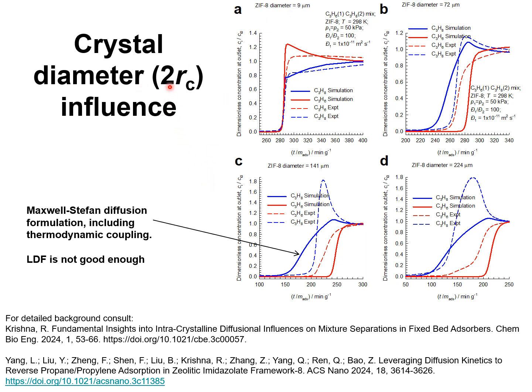The diameter is 2 times the radius of the crystal. The experimental data are shown by the dashed lines in these 4 cases.